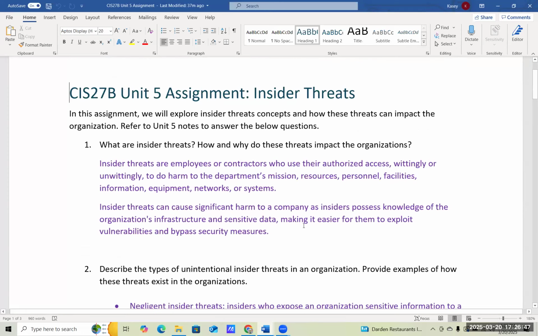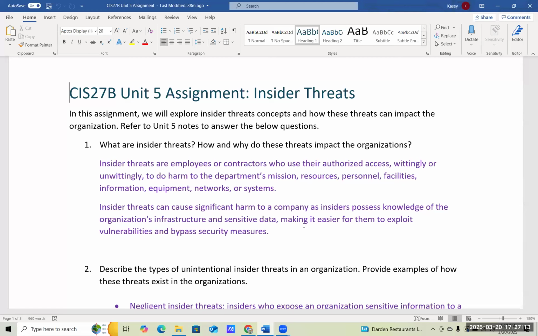For number 1, it asks you, what are insider threats? How and why do these threats impact organizations? We know that insider threats are employees. They could also be contractors. You do see a lot of organizations that hire contractors. These are professionals that support the organization, but they are not necessarily permanent employees.